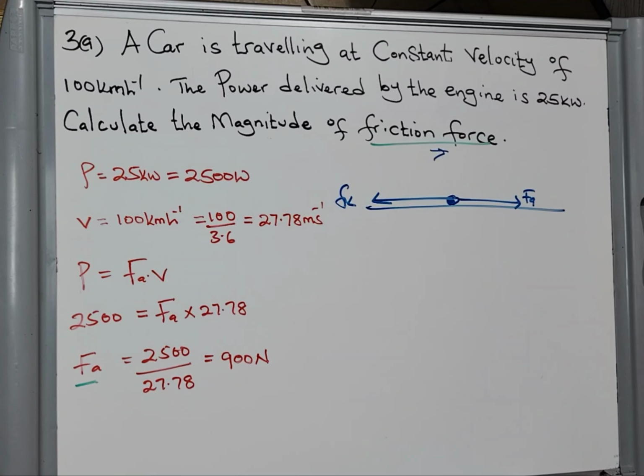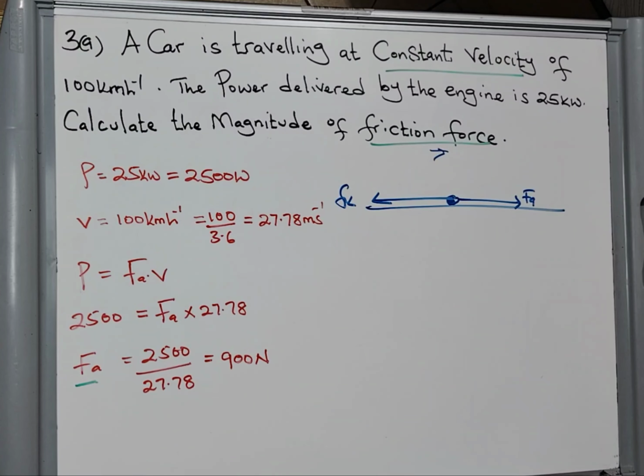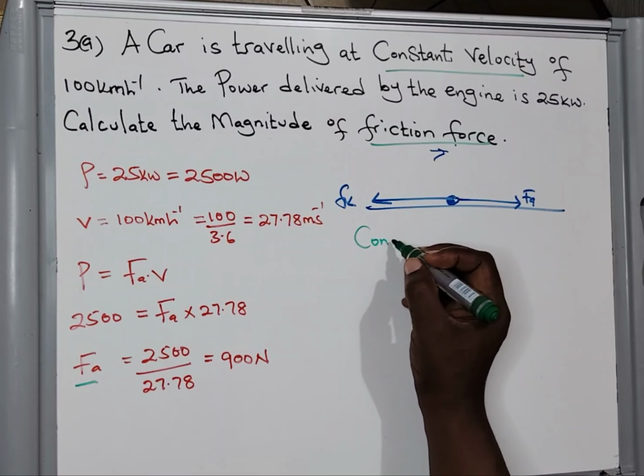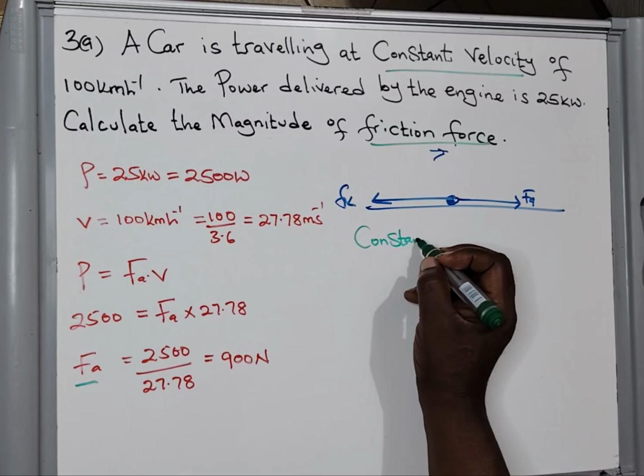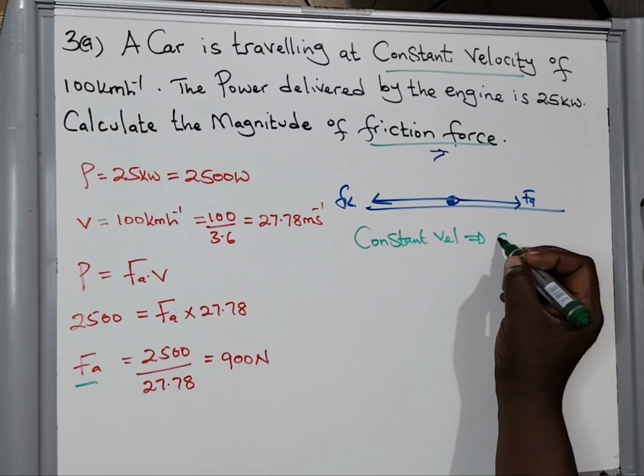There is this part which is very important. It says constant velocity. So what does constant velocity mean? It means acceleration is zero.